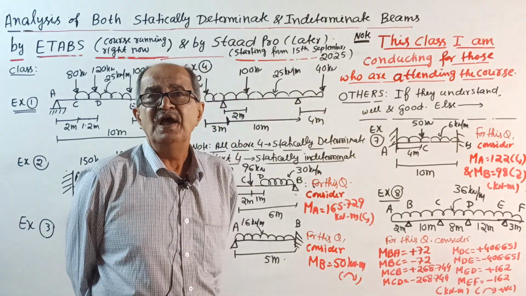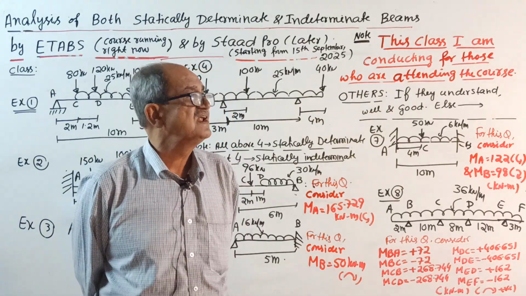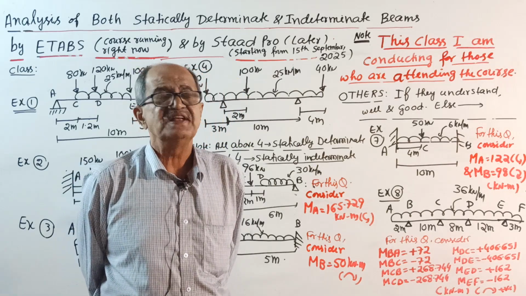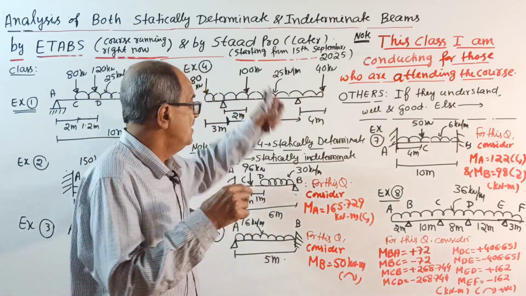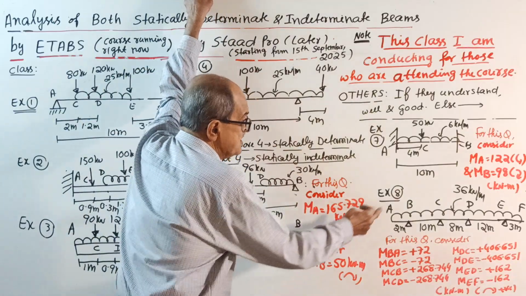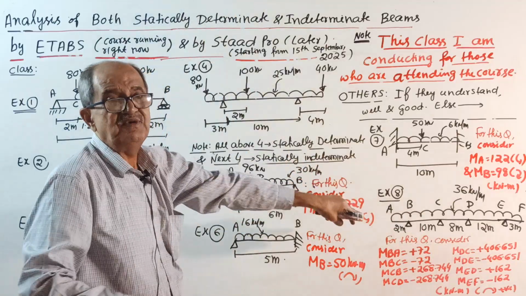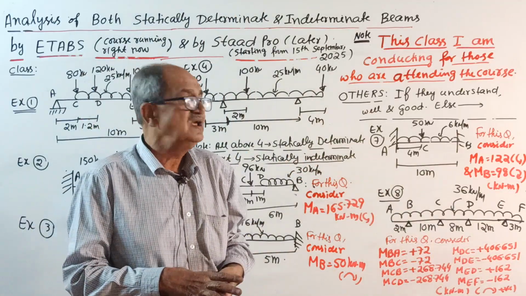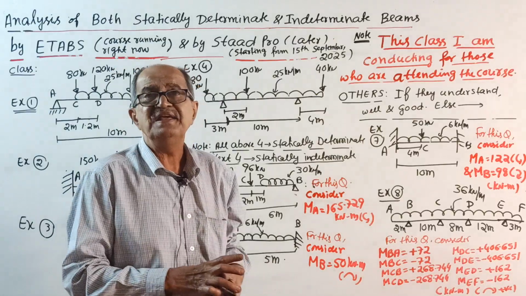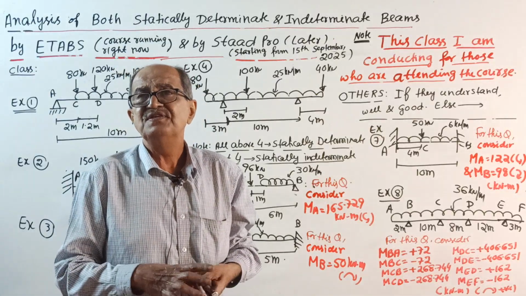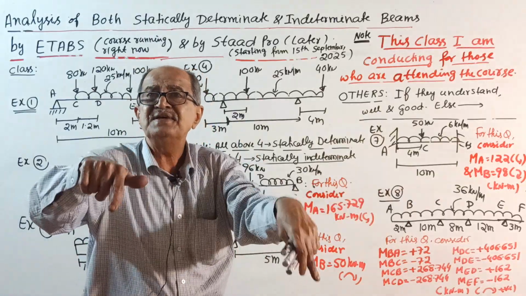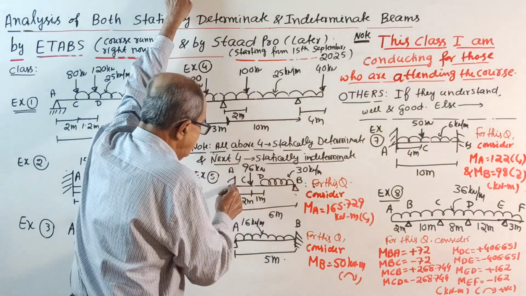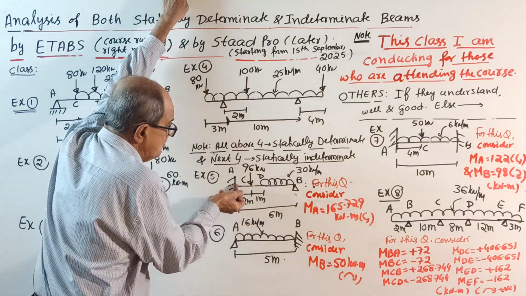See, when you analyze a statically indeterminate structure, you won't get all the reactions. It will remove the extra reactions, and once you get these values, the structure which was earlier statically indeterminate becomes statically determinate. Then in that class I told you, once you get MA, how to find reactions VA, VB.